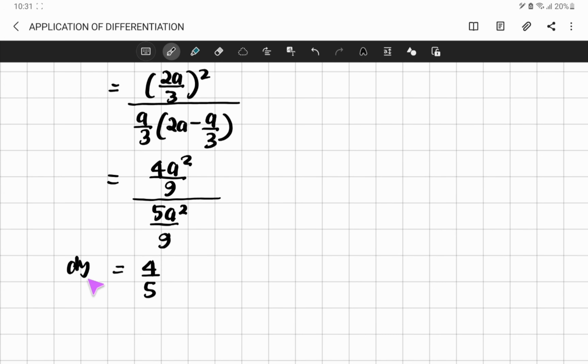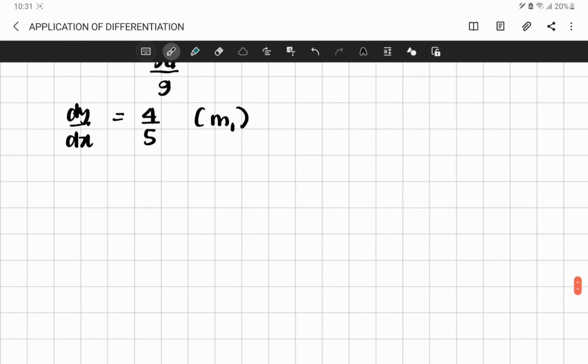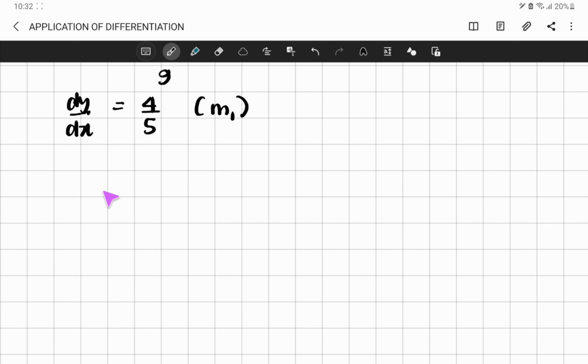This gradient of the curve, which is the dy/dx, is also the gradient of the tangent. Let's denote it with M1. We know that the gradient of the tangent times the gradient of the normal, which is denoted with M2, equals -1.